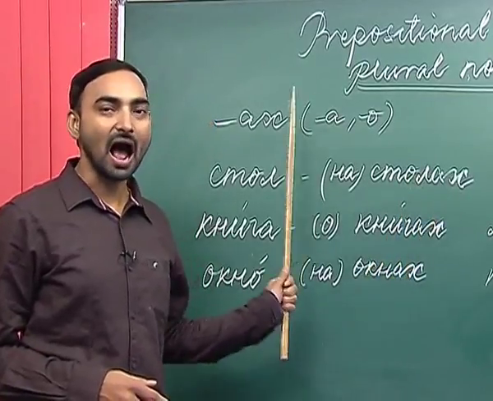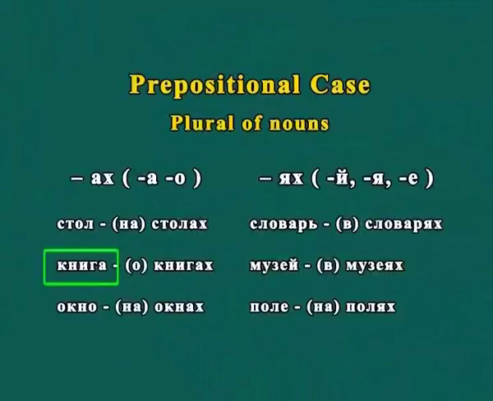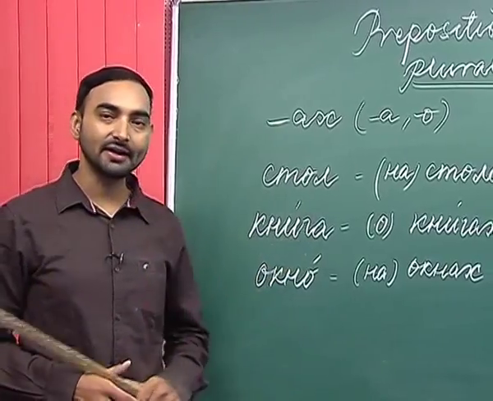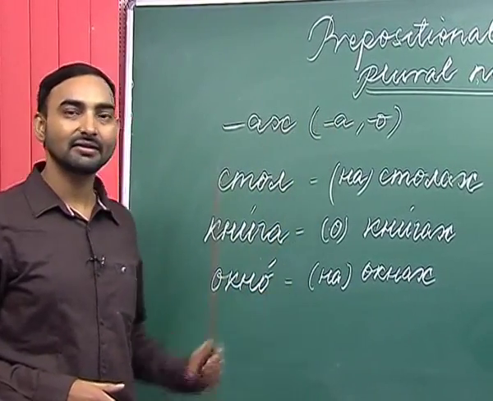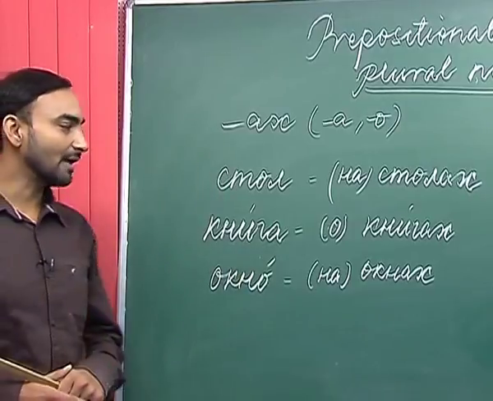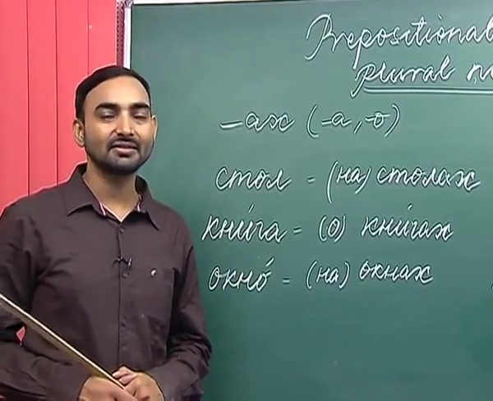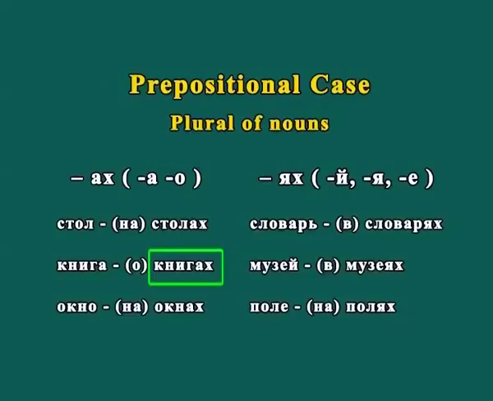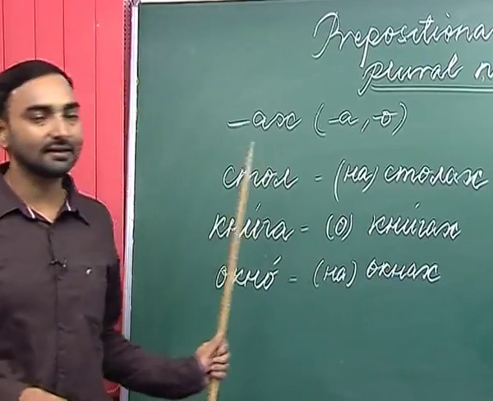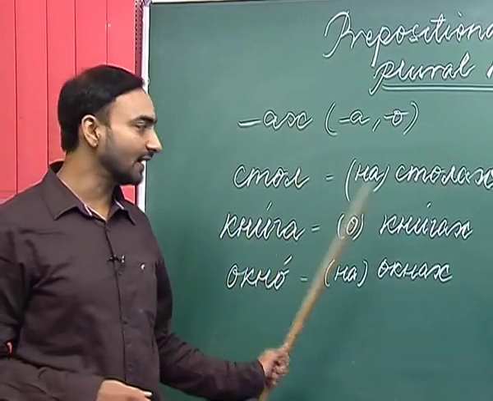So, we have added ach to it. The same way, kniga. Kniga again is a hard ending noun which has the hard vowel a at the end. So, what happens with kniga in the prepositional case in plural? It becomes knigach. So, again since it is a hard ending noun, we are adding ach.